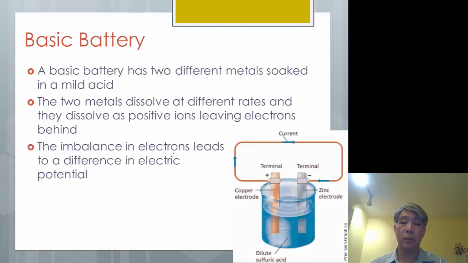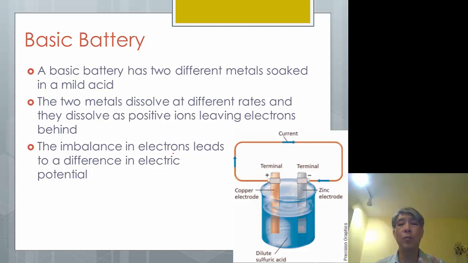So how does a battery actually work? A basic battery has 2 different metals, in this case copper and zinc. They're fairly common choices, and they're soaked in a mild acid. If you've ever done a science fair, you could pretty much duplicate the same thing with a penny and a nickel soaked in vinegar.